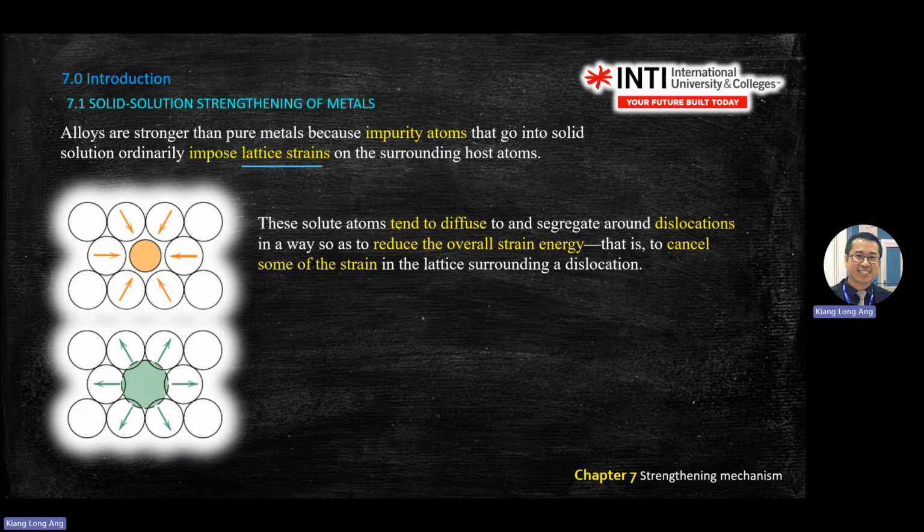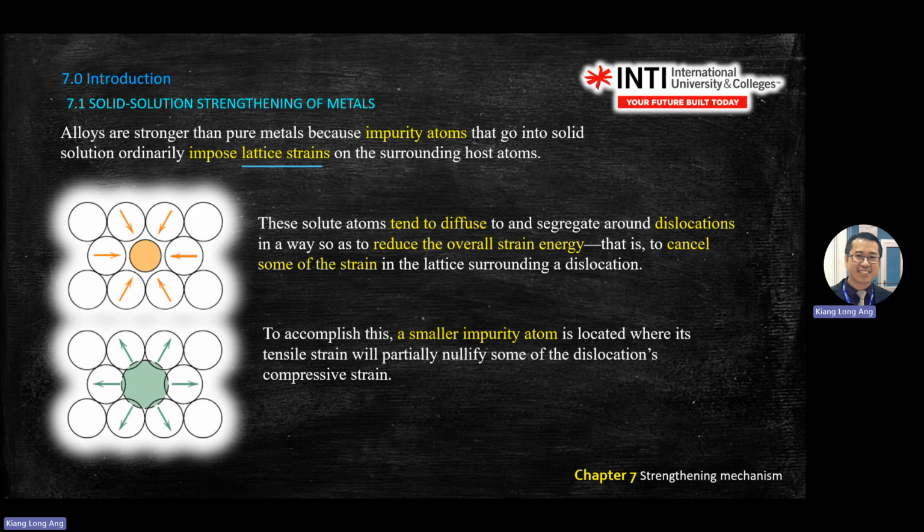So if you're less than that, meaning you have a loss of space, it becomes tensile strain. If it's bigger than the host, then it becomes compressive strain. Okay. So this one you read.